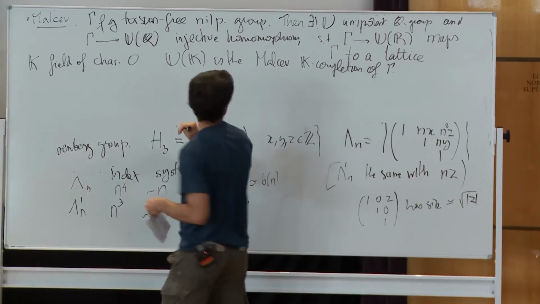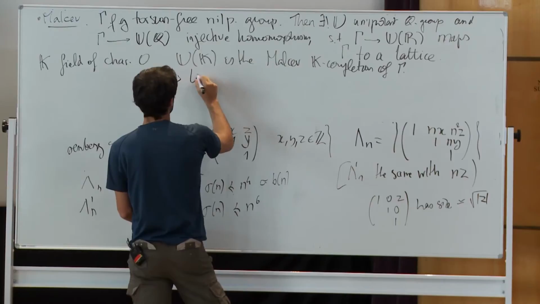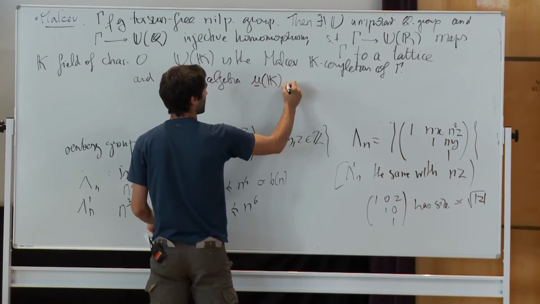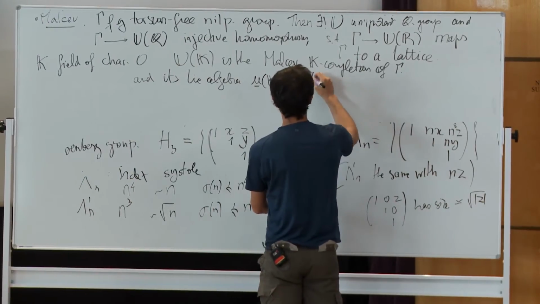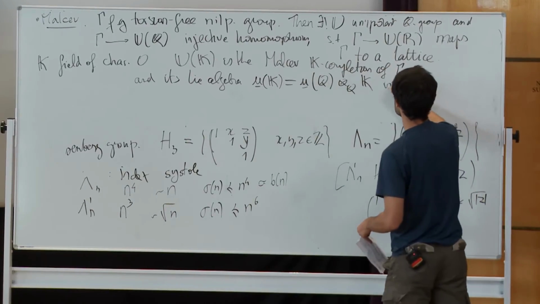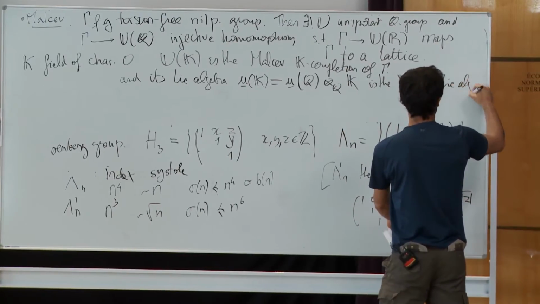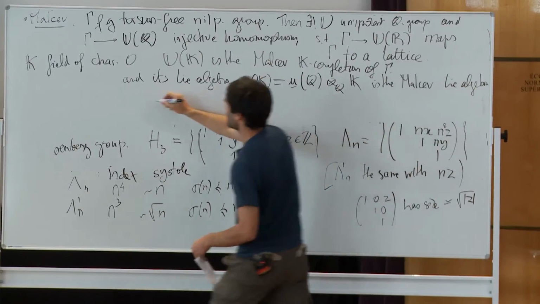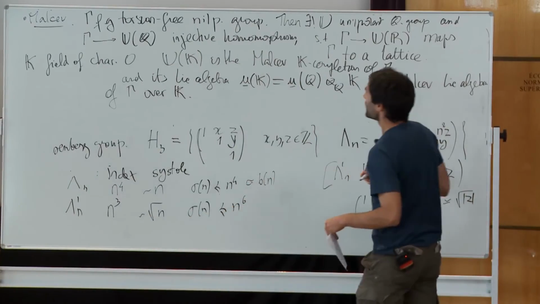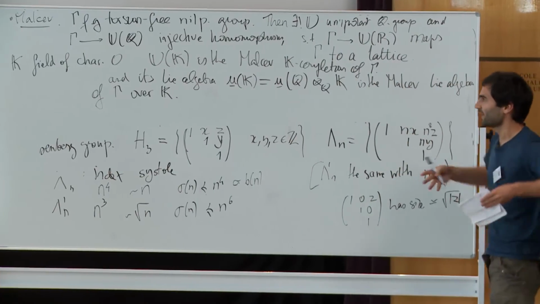And its Lie algebra, called little u of K, which is also isomorphic to little u of Q tensored with K, is the Malcev Lie algebra of gamma over K. Usually what's mostly interesting is Q, R, and possibly C, because C is quite natural.